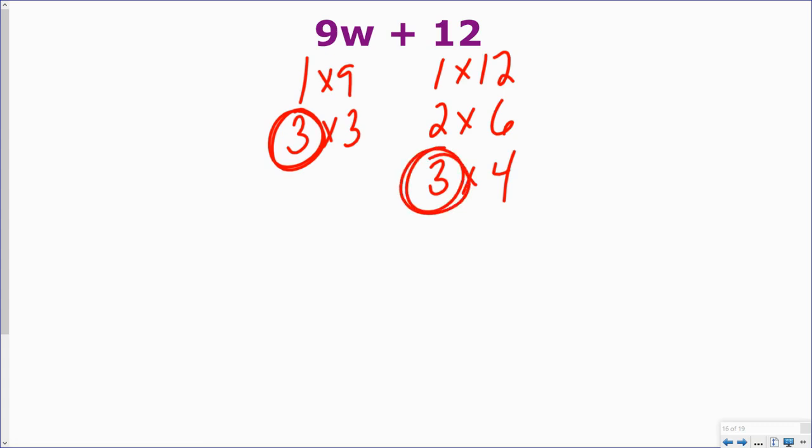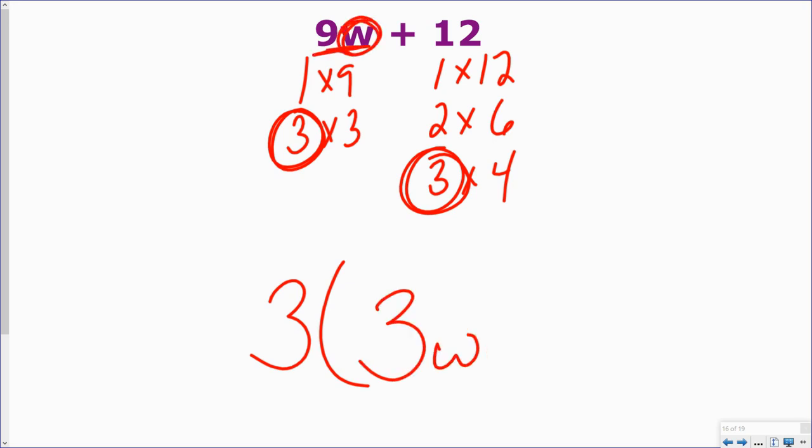And so when I write this as a distributive property problem, I'd have my 3 on the outside, my parentheses. Well, 3 times what gives me 9? Well, that's 3. And I have a w along with it, so that'd be w here. It's an addition problem. And then 3 times what gives me 12?